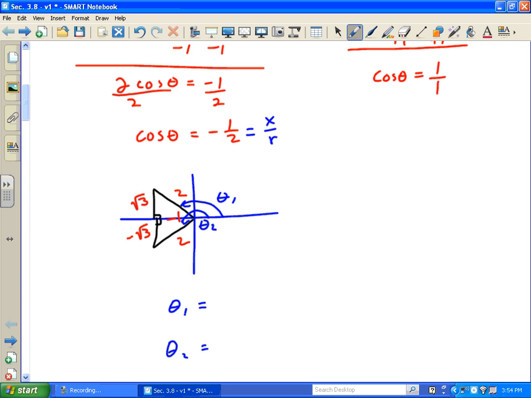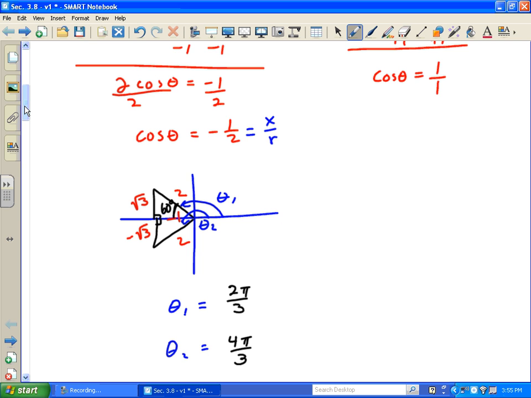All right, let's figure out those values. We can see from our triangle that our reference angle is a 60-degree angle. So theta 1 will end up being 2 pi over 3, and then theta 2 will end up being 4 pi over 3.